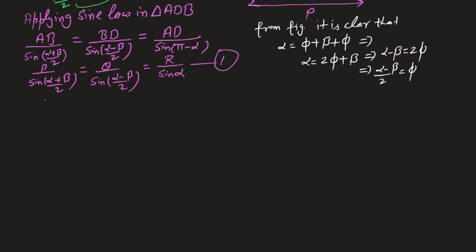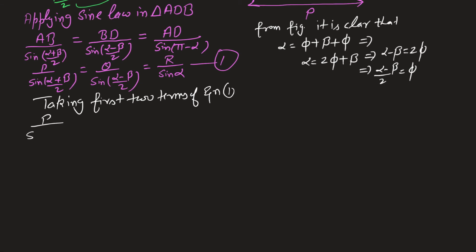You will write, taking the first two terms of equation 1: P by sine alpha plus beta by 2 is equal to Q by sine alpha minus beta by 2.